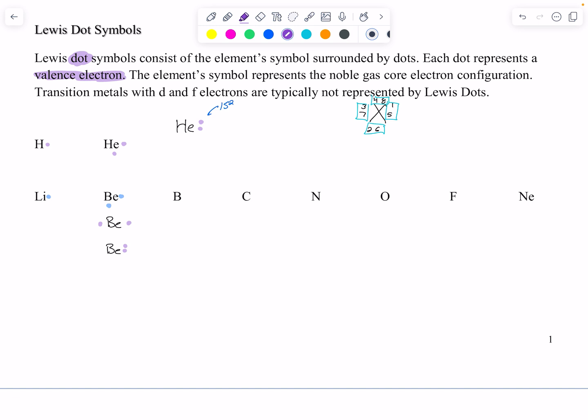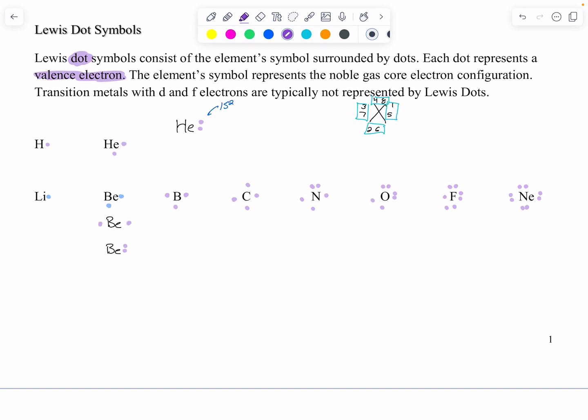We'll probably do the middle one, because if you do compounds with beryllium and you do Lewis dots with it, that's what it's going to look like, but I digress. Boron, 3 dots. Carbon, 4 dots. Nitrogen, most of the time the dots will look like that. Oxygen, most of the time will look like that. Fluorine, most of the time will look like that. And neon, of course, has all 8.